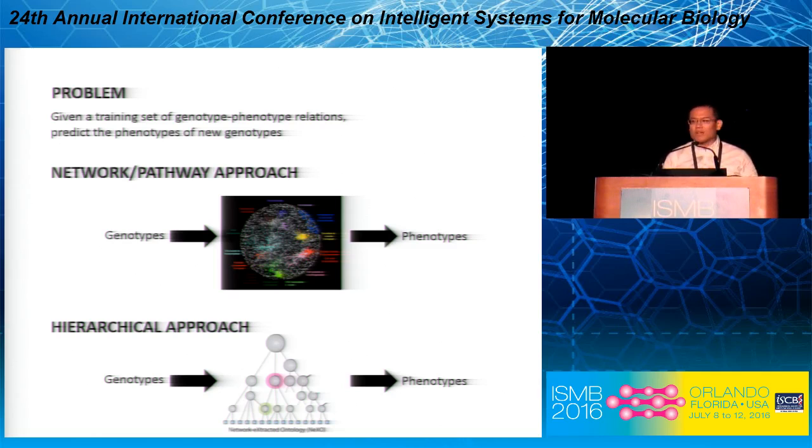So in this work, we take that intuition and consider a hierarchical approach, where we map genes not onto a flat network of pairwise gene interactions, but onto a hierarchy that maps the complexes, processes, and other components of the cell, and then uses that information to map the phenotype.